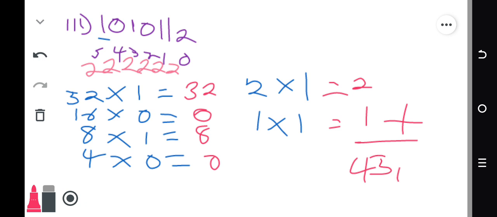And so 101011 base 2 to base 10 is giving us 43 base 10. And that's it for the problem we had in computing.